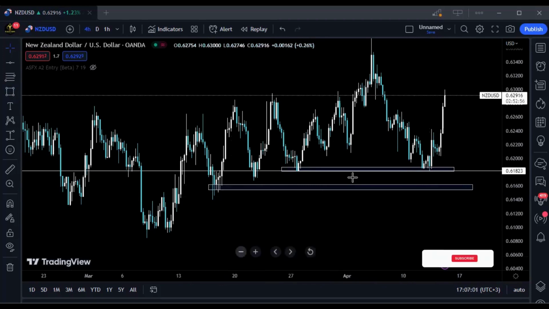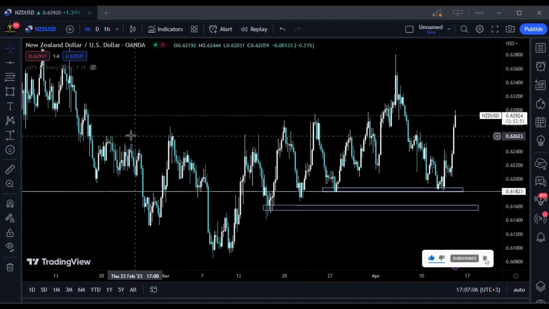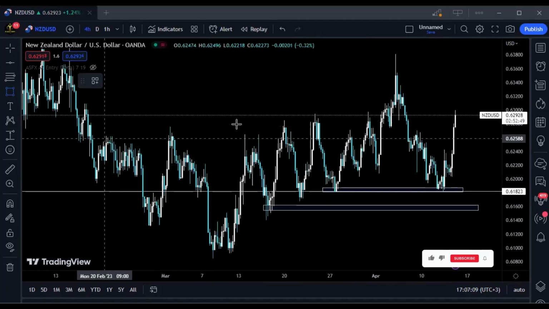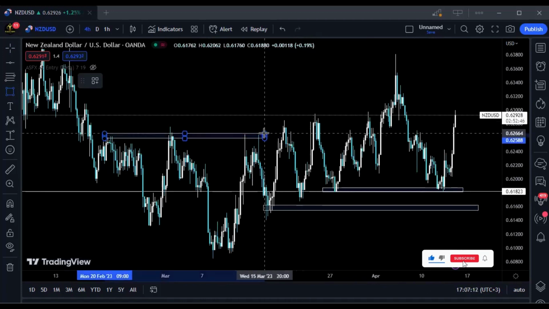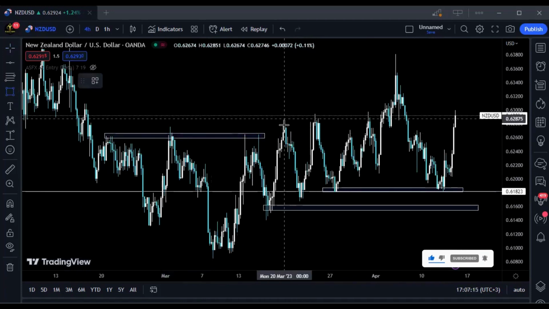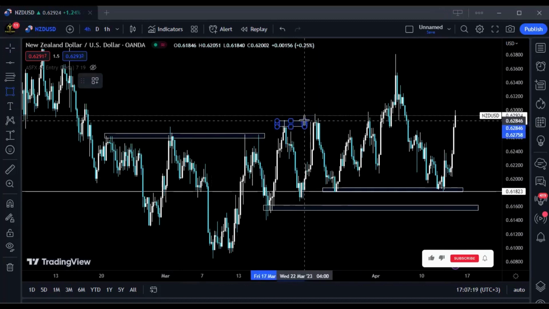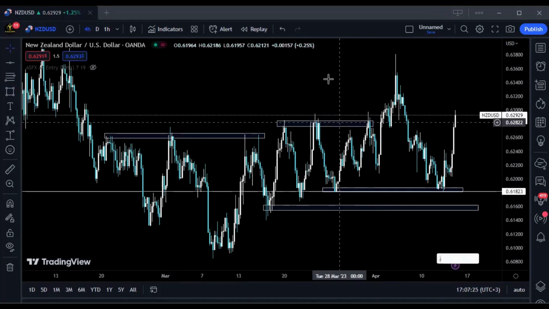Same thing applies. This was a support example. Look at here. This is a resistance example. This was the most recent structure. This was the most recent resistance until somewhere here. And then what happened? Prices changed. Prices moved higher. This became the resistance, right? So if we pull it all the way back up here, you can see that became the new resistance, right?